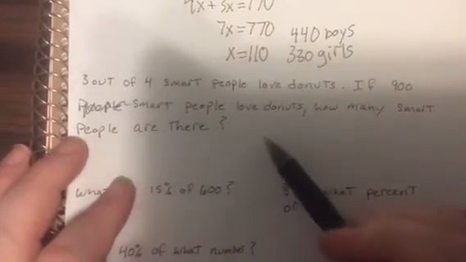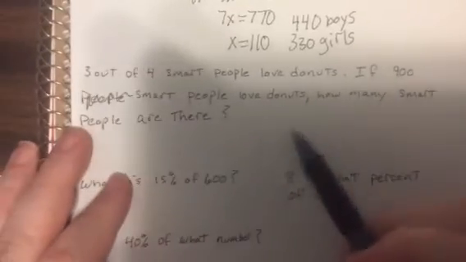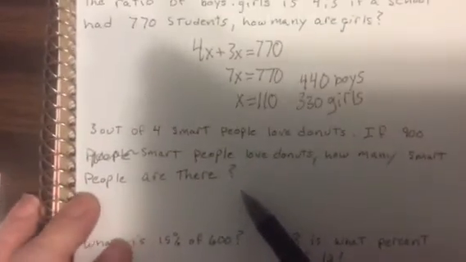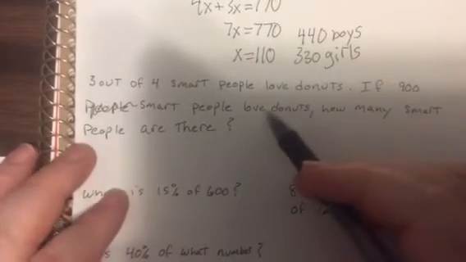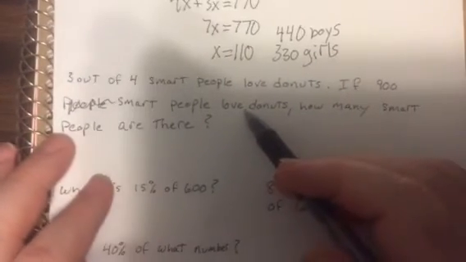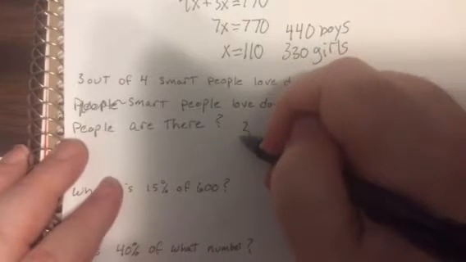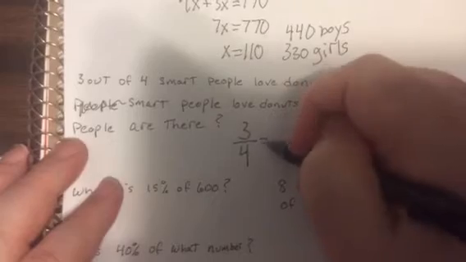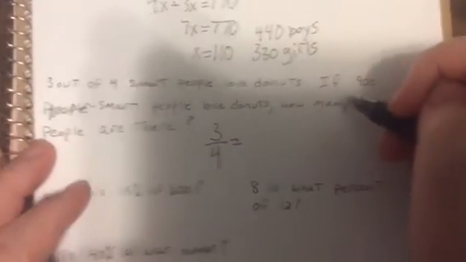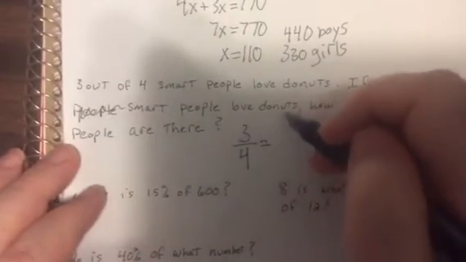Love donuts. How many smart people are there? So 3 out of 4 of the smart people love donuts. So 3 smart people out of the 4 total number of smart people love donuts. 900 smart people love donuts.